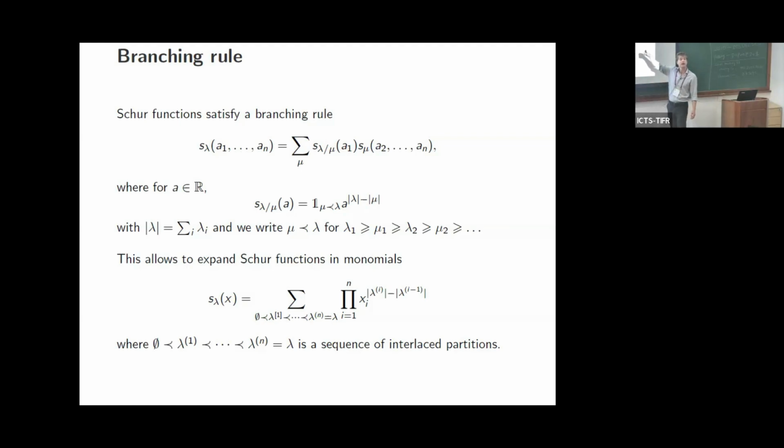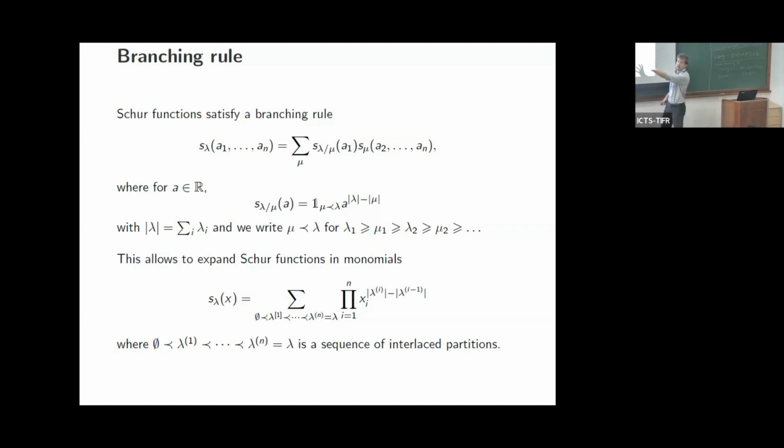If I look at s_lambda in variables a1 to an, it is in particular symmetric with respect to variables a2 to an. And I can decompose it in the basis given by the s_mu's of a2 to an. And the coefficients that will arise are called skew Schur functions. They are denoted s_lambda/mu of a1.